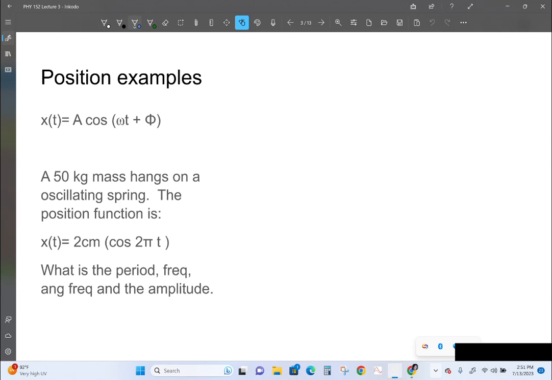All right, so let's just warm up and do an example. I give you this formula, 2 centimeters cosine of 2 pi t, and we're going to find the period, the frequency, the angular frequency, and the amplitude. Well, first of all, the amplitude is easy. It's 2 centimeters, or 0.02 meters. The angular frequency is 2 pi radians per second.